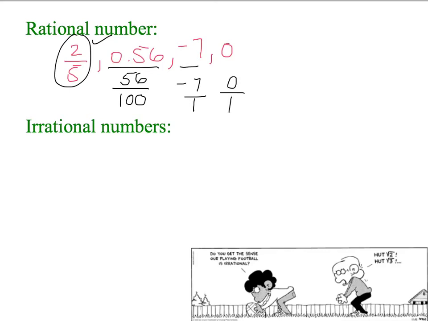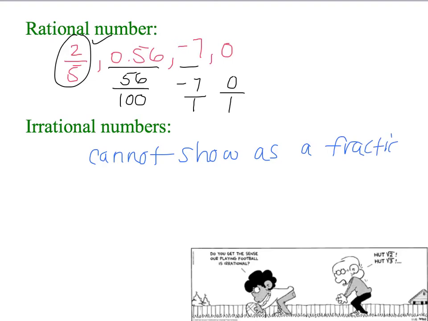Irrational numbers are everything else. So those are things that you cannot show as a fraction. Those would include things like square root of 2, which is a decimal that never stops, so it's 1.414213562 dot dot dot and goes on forever.